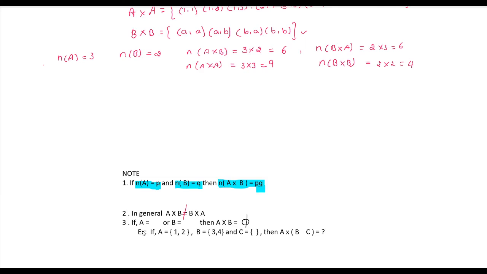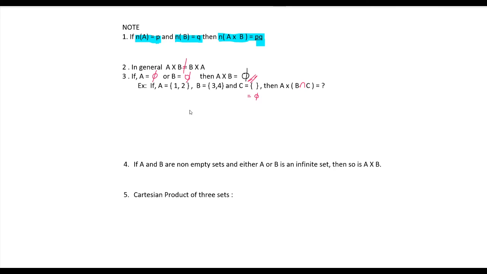Now, one more important thing that we need to know. If A is a null set or if B is a null set, then the Cartesian product will also be a null set. We'll understand this with an example. A and B are these two sets and C is a null set. Now you have to find A cross (B intersection C). What is B intersection C?